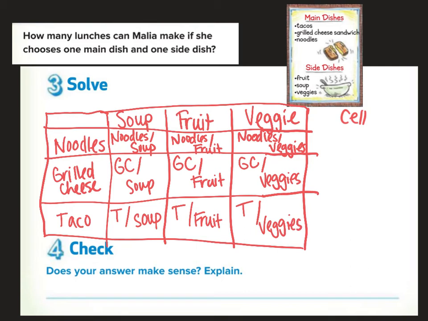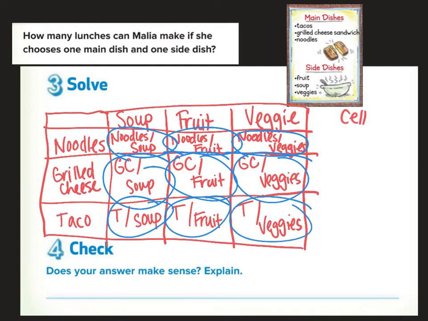Okay, so how many total combinations are there? Got 1, 2, 3, 4, 5, 6, 7, 8, 9. She can make 9 meals. Now, oh, didn't write meals. Okay, now we need to say, does our answer make sense?